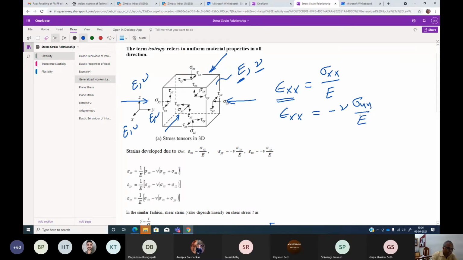Everybody got that? So there is another epsilon xx due to sigma yy. Similarly, there will be another epsilon xx due to sigma zz. This is the effect of the Poisson.